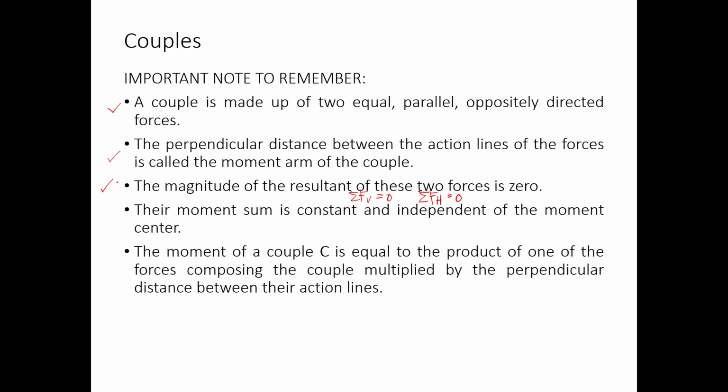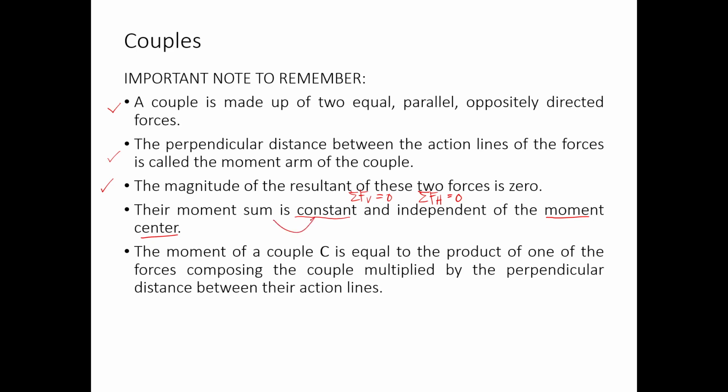The fourth one is that their moment sum is constant. As I showed you earlier, the moment about O, the moment about A, and the moment about point B are the same. So it's constant and independent of the moment center. Meaning, if you refer to a different location for your moment center, the value of your moment sum is always the same.